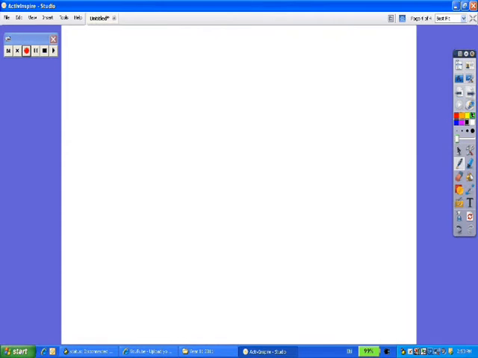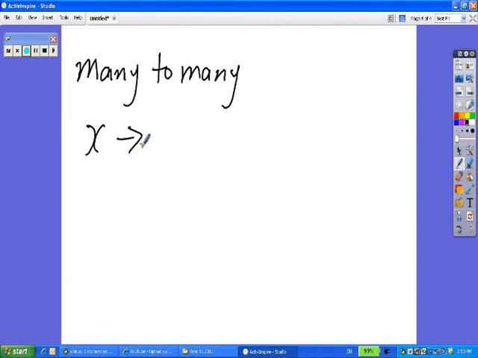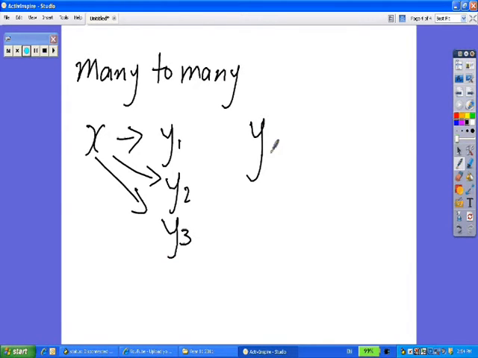And then the last kind is many to many. Okay? And what that says is that there is more than one x value for any y value and vice versa. So that means an x value might be assigned value y1, it can also be assigned y2, and so forth. Okay? And the same thing with the y value, it can be x1 or x2 or x3.